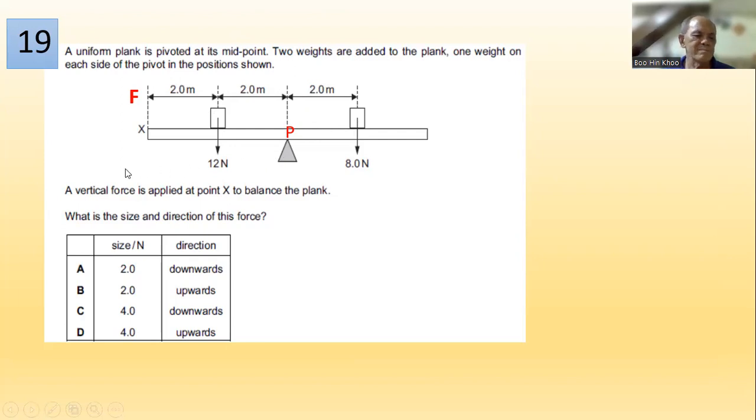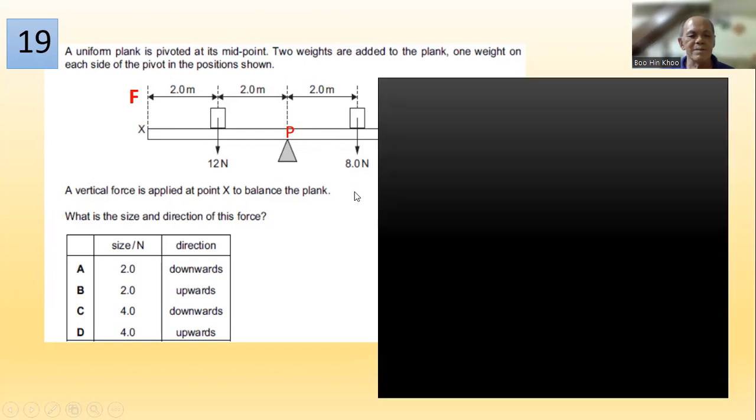That's your weight. The vertical force is applied at X to balance the plank. What's the size and direction of the force? These two are acting downwards there. So you are going to find that force at X to balance it.